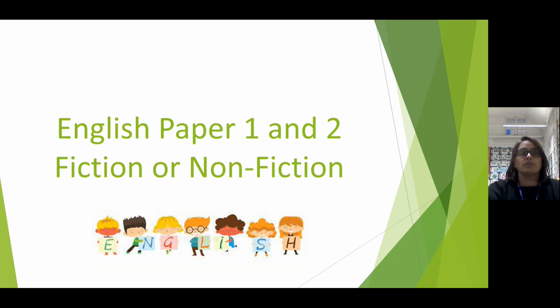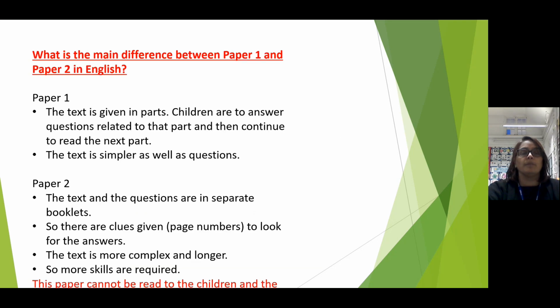English paper 1 and 2 will have fiction or non-fiction. The main difference between paper 1 and paper 2 in English is that in paper 1, the text is given in parts. Children are to answer questions based on this part of the text, and then they continue to read the next part. The text is much simpler as well as the questions, so the level of questioning is quite basic.